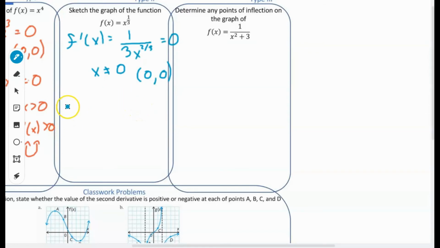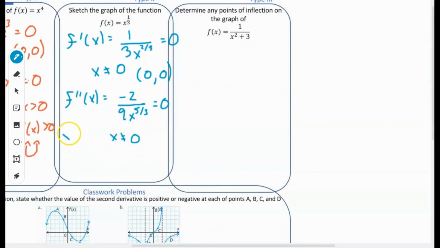Okay, well, let's see if we can get more information with our second derivative test. So if we take the second derivative, we get -2 over 9x to the 5/3. And if we set that equal to 0, again, we get that x cannot possibly be 0. All right.